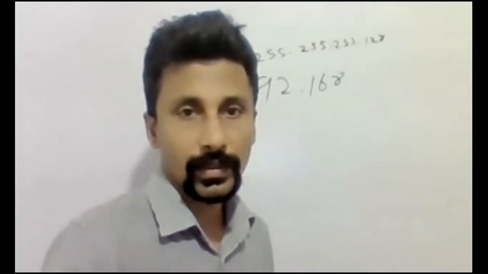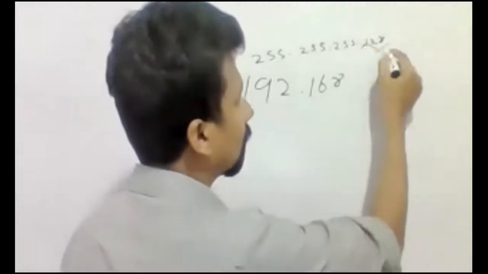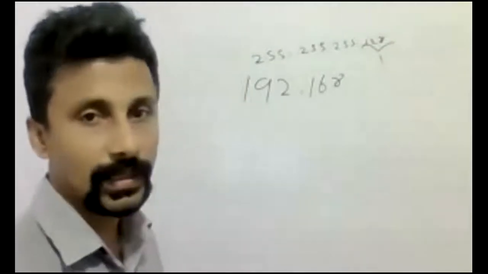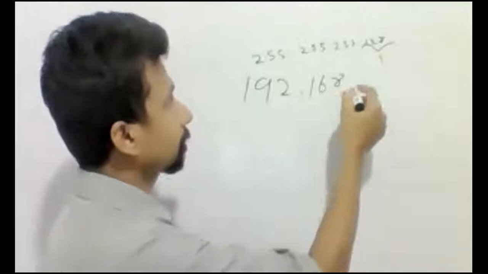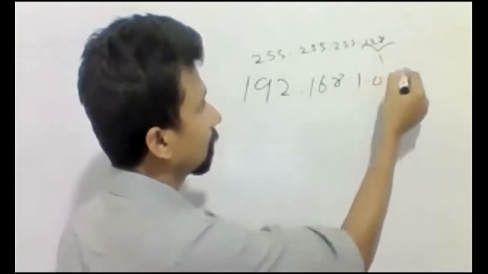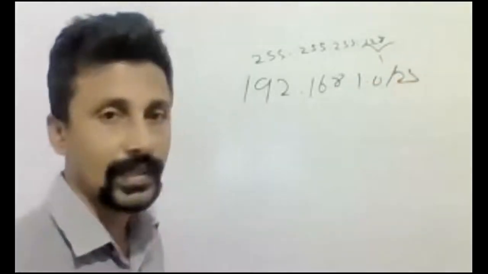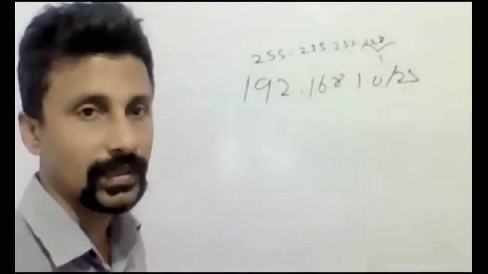So 128 means we have taken only one bit. It's a class C, so we can write it like this, /25. Two subnets have been created.